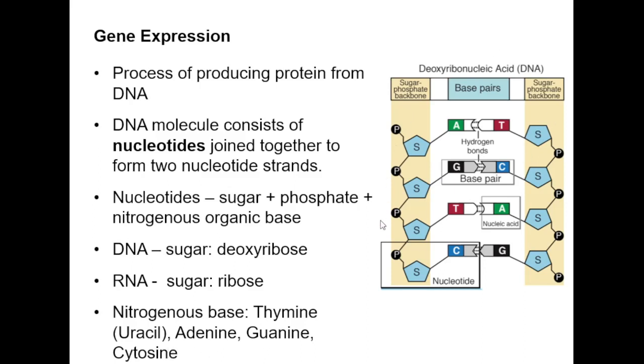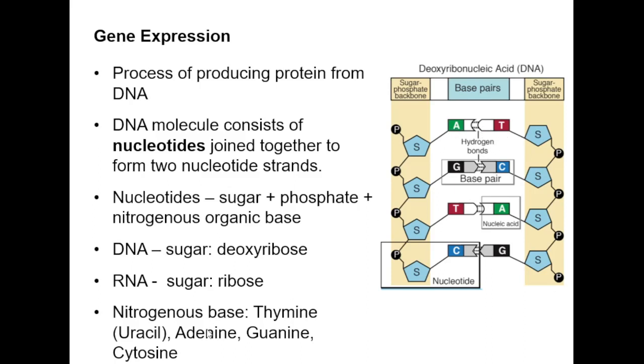So here is a good diagram showing us the DNA. So as mentioned, it's composed of a sugar, as you can see here. Sugar on one side, and then as mentioned, two nucleotide strands, sugar on another side. And then we have the phosphate, represented by letter P. And then here, we have the nitrogenous organic bases.